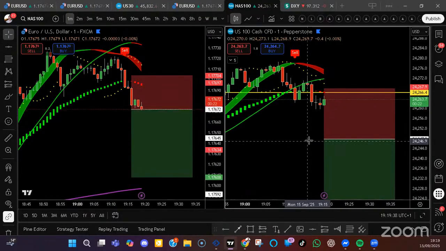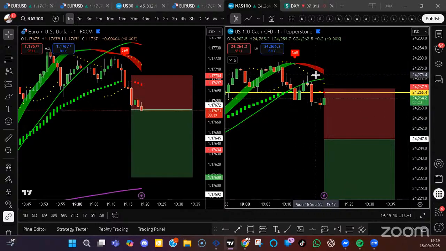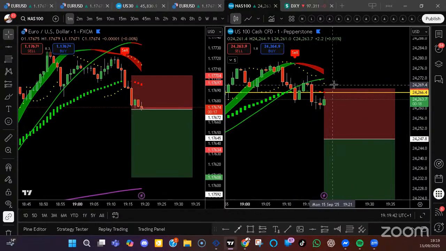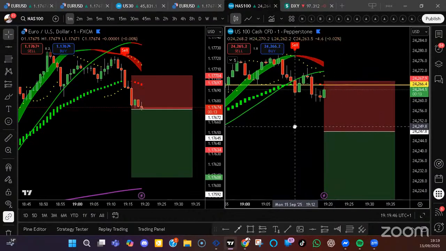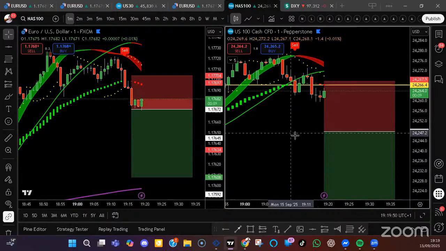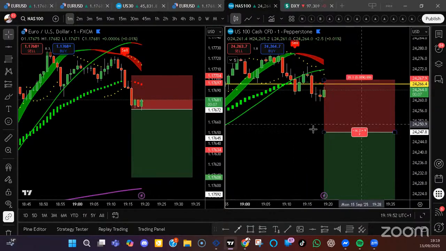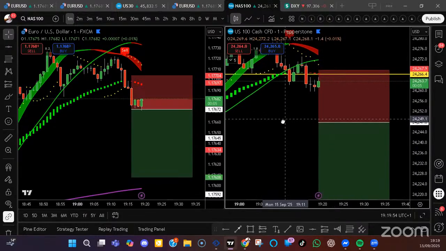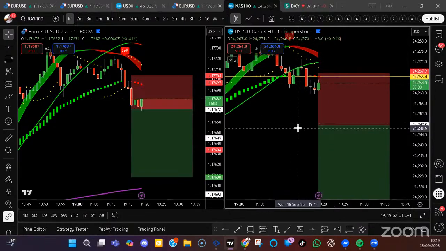Although the US 100 is in the sell zone, this is the sell zone. So technically, there is a sell to be had on the NAS100. But obviously, I'm only taking one trade because I'm only allowed to take one trade because I took a trade this afternoon. Following the rules, keeping your discipline.